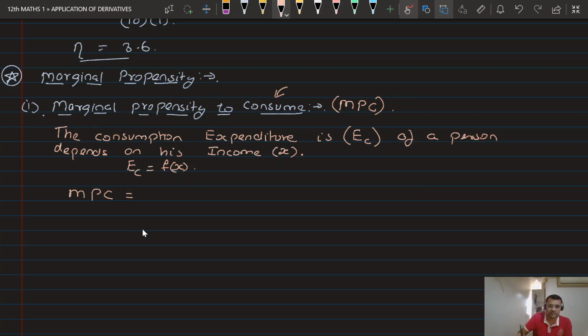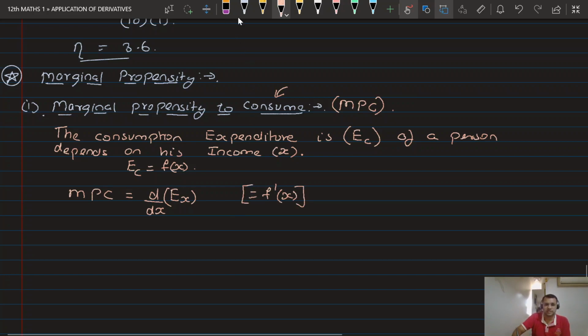So I can say this is equal to derivative of the expenditure function, or probably you can also say it as f dash x, but this is very rarely used. Generally in all the problems we will be representing it like this, that is derivative of the expenditure function. That is one thing which is the marginal propensity.